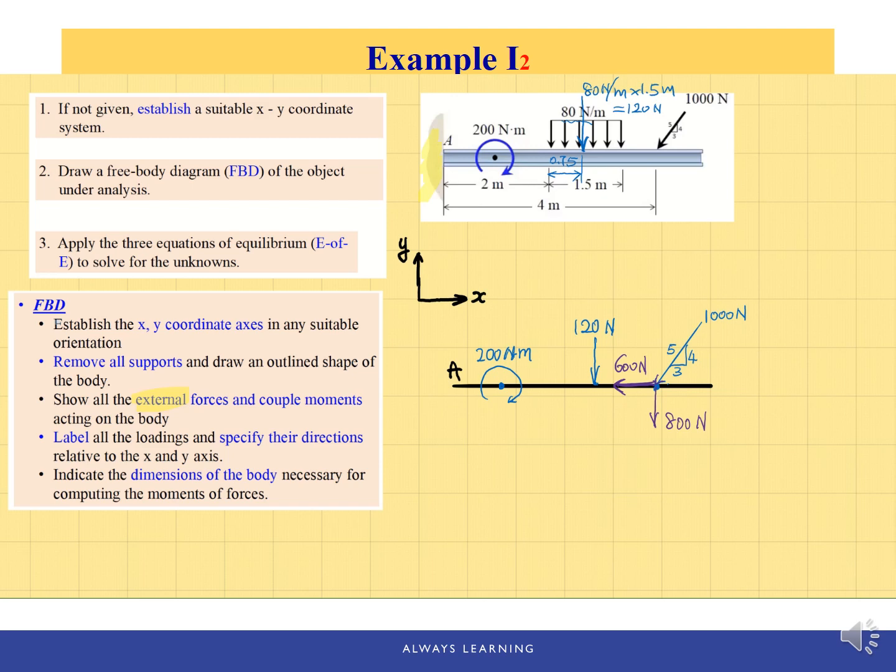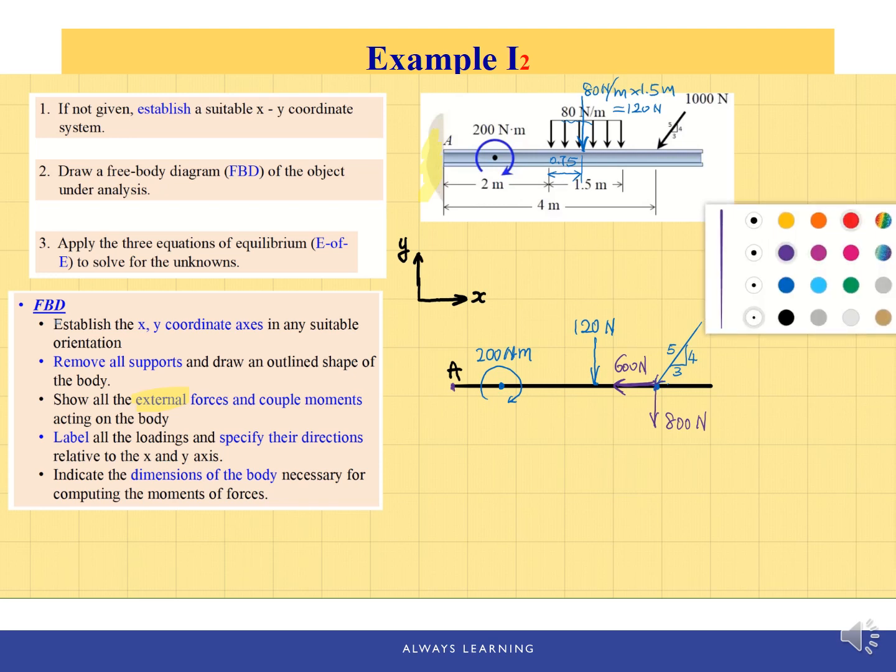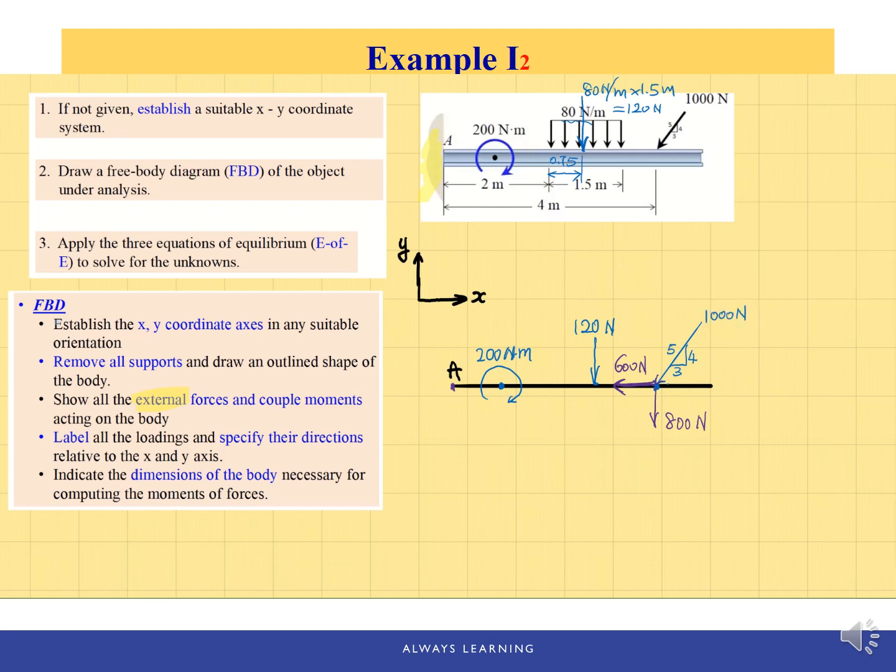And don't forget, we also have the loads we're looking for, which are the support reactions. After removing the wall from point A, we have to replace it by the loads, by the support reactions provided by the wall. So we already analyzed the support reactions of this fixed support.